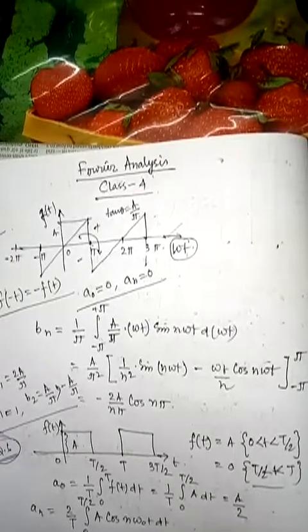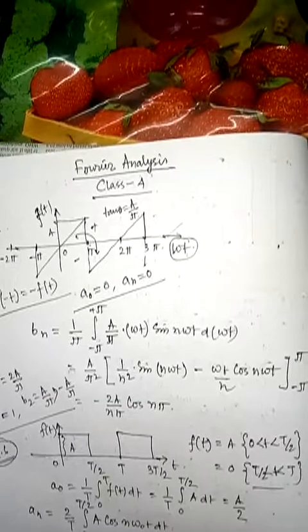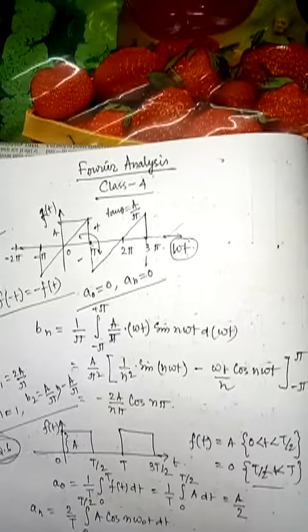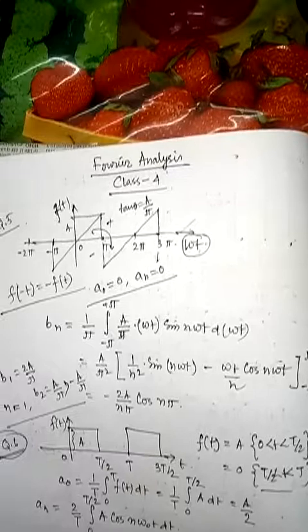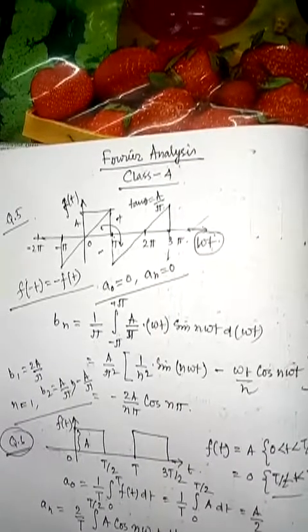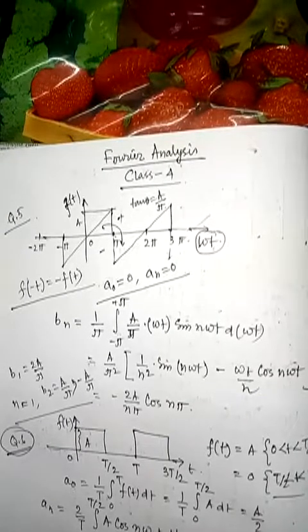So this particular part, if you are integrating, we can convert it in the form of n omega 0 t, that is A cos n omega 0 t. So n omega 0 can be written as 2 pi by T, here it is T dt.